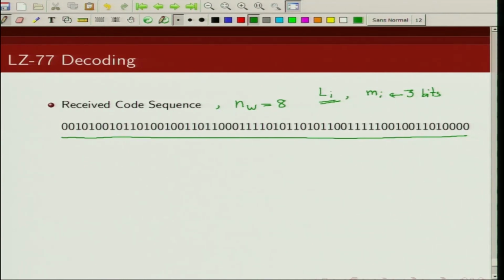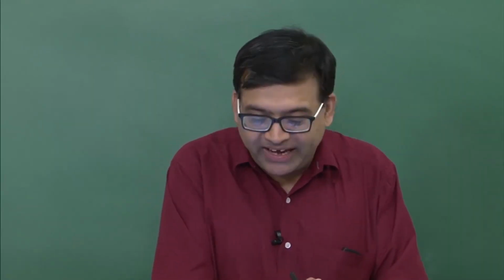So let us first find out what this set of code words I have received consists of. First 8 bits are nothing but the initial sequence that I wanted to encode, and subsequently I will have the values L1, M1, L2, M2 like that.